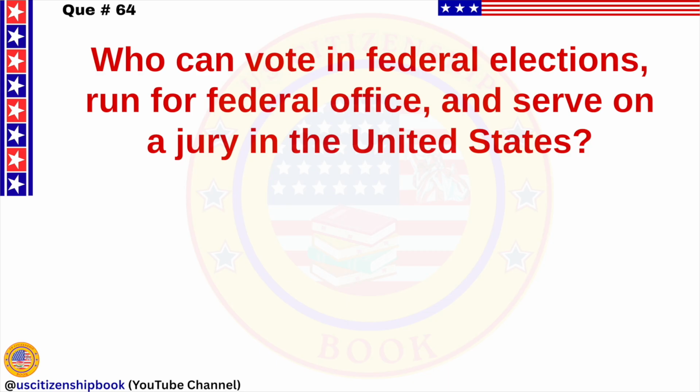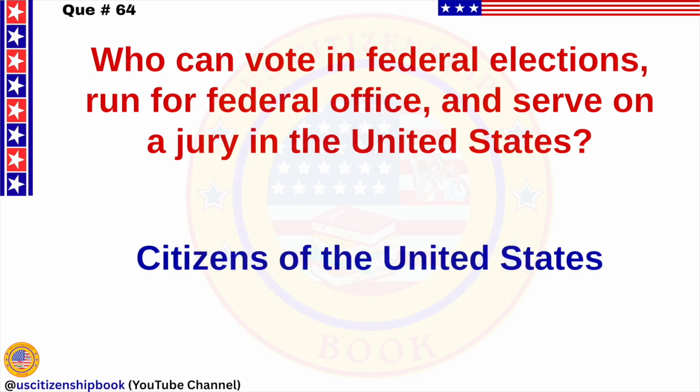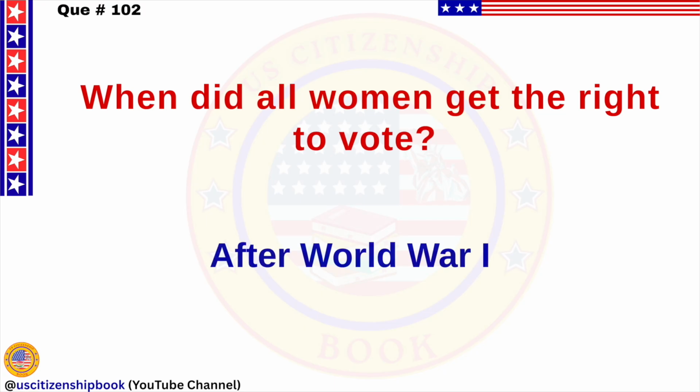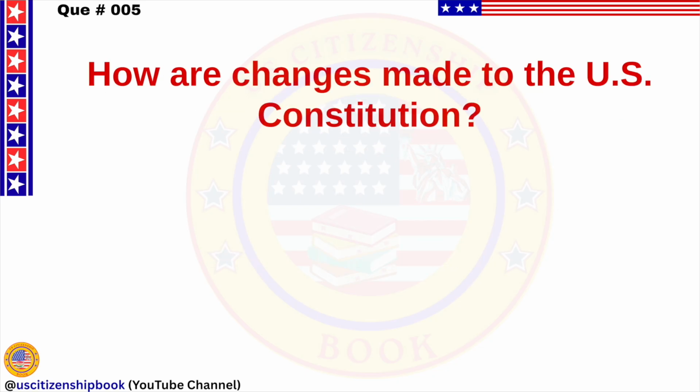Who can vote in federal elections, run for federal office, and serve on a jury in the United States? Citizens of the United States. When did all women get the right to vote? After World War I. How are changes made to the U.S. Constitution?